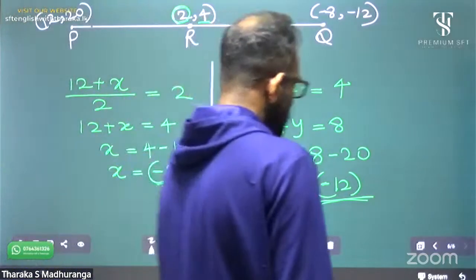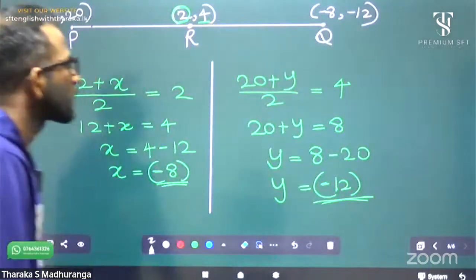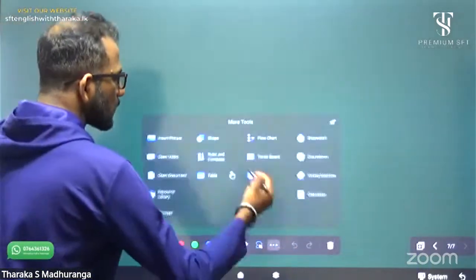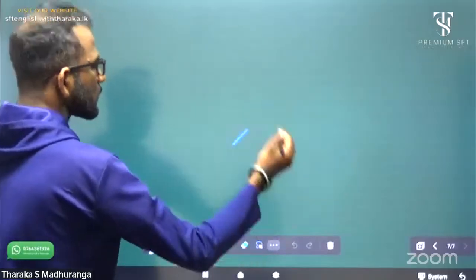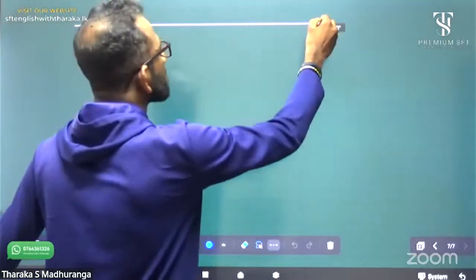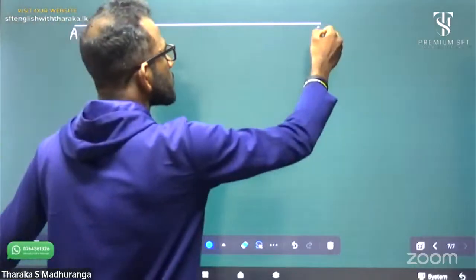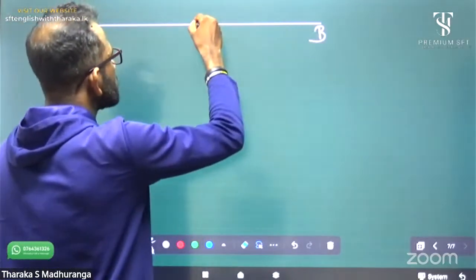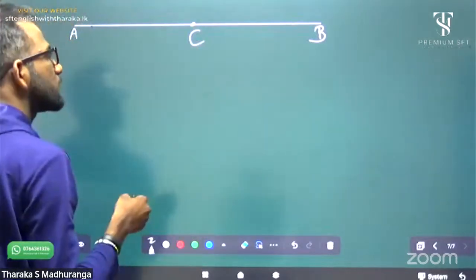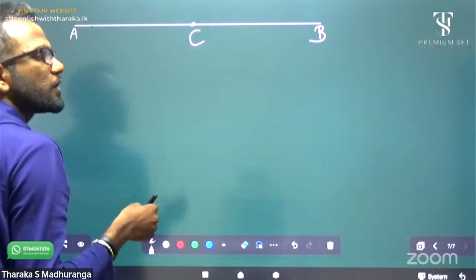Okay, let's do the same type of question. C is the midpoint of the AB straight line. Write down the question.